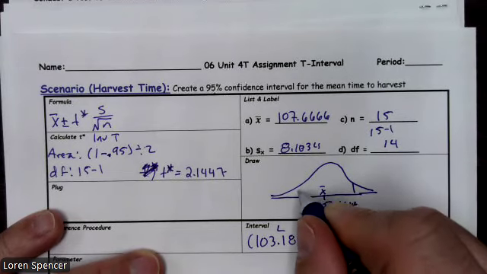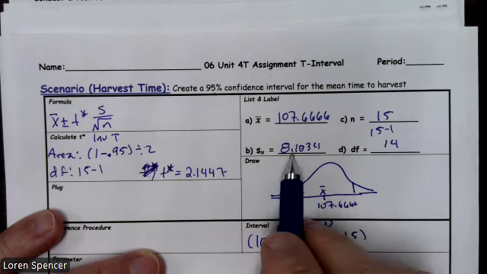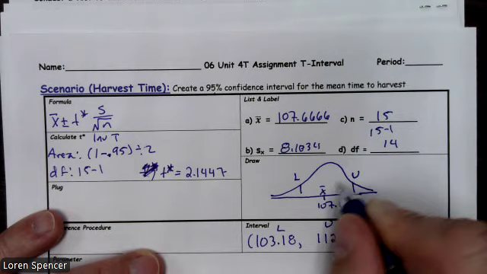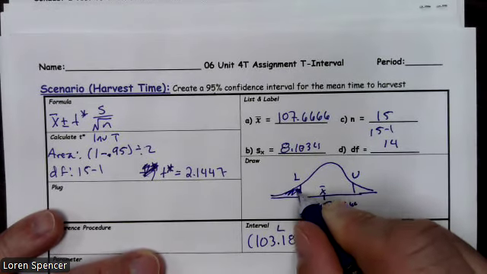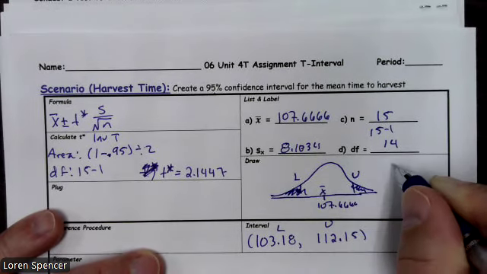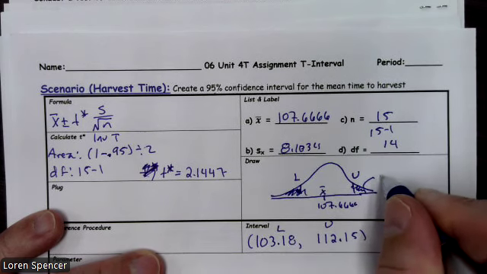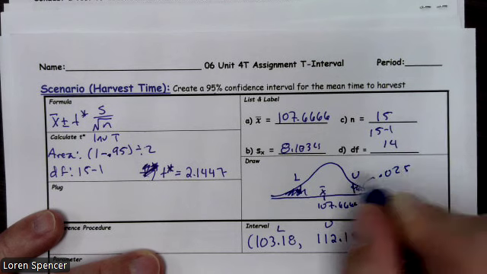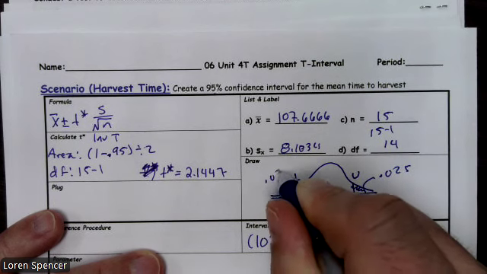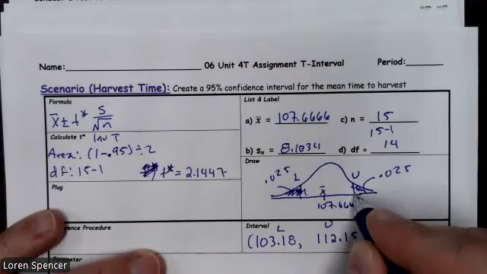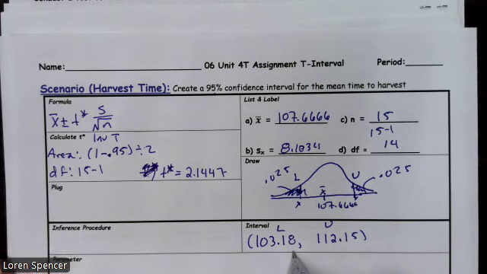We know that this area right here is going to be my lower, and this is going to be my upper. And if I take 1 minus 0.95 and divide it by 2, I find that this area right here is 0.025, and this area is 0.025. And we were just looking for these x values right here, this x and this x, which we got here.